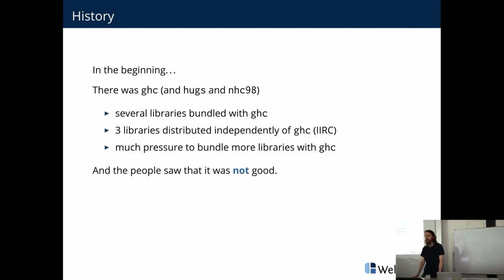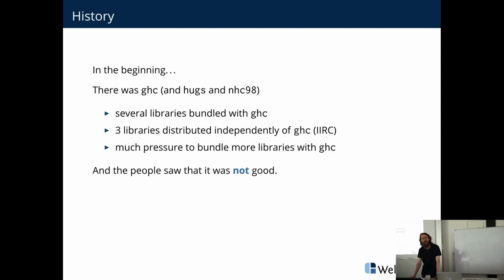So in the beginning, there was GHC, but also there were several other compilers. RIP, Hugs, NHC. But the story about libraries was not great. As I recall it, there were 3 libraries that were not distributed with GHC and that were big enough and important enough to have their own build systems and their own websites and their own tarballs being shipped around.